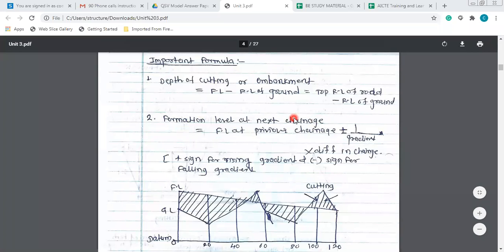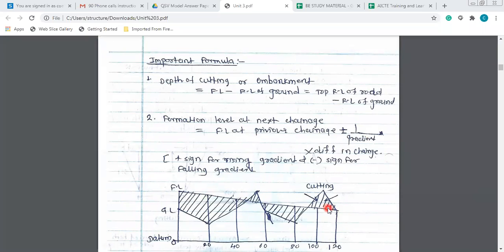Formation level at the next chainage equals the formation level of the previous chainage plus or minus 1 by gradient into difference of chainage. If you look at the pointer, suppose this is the next chainage and the span is 100 meters. At every 10 meters they have put a chainage: 0, 10, 20, 30, 40, 50, 60, 70, likewise.